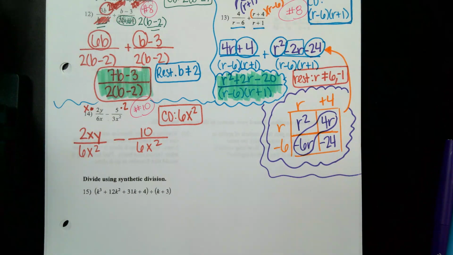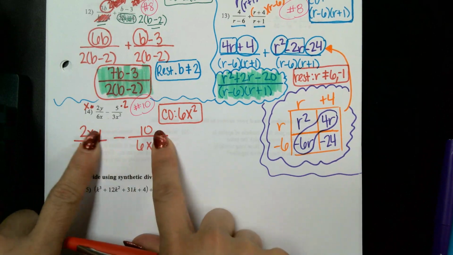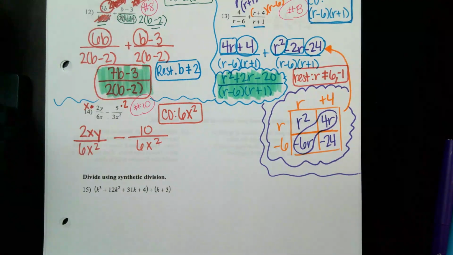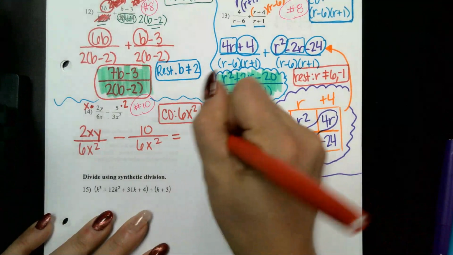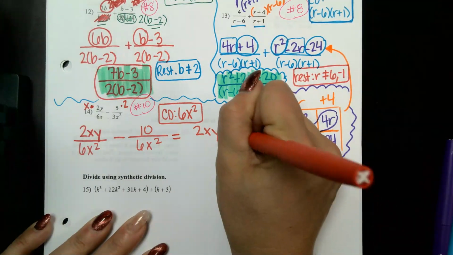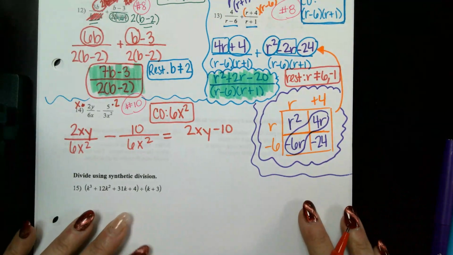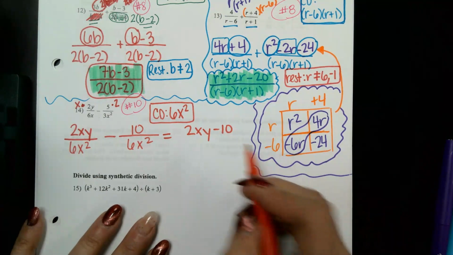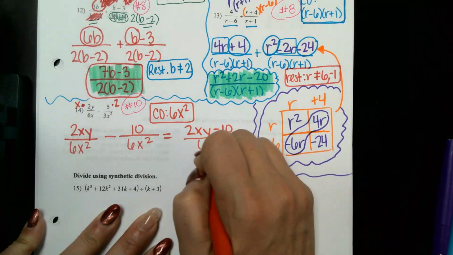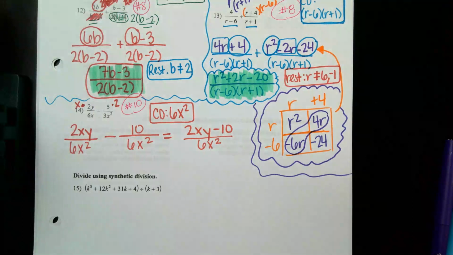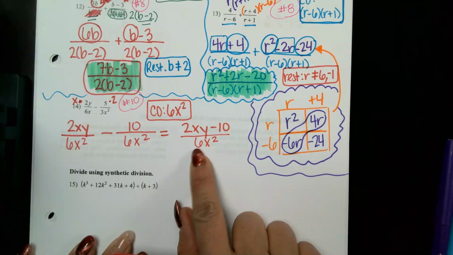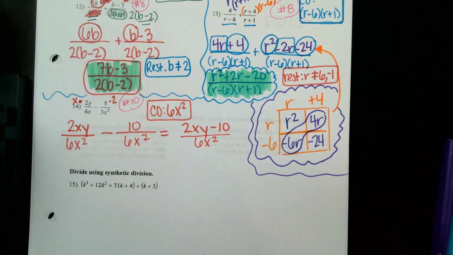So tell me something. Can we combine this stuff up top? No. Like, it's not really going to subtract, is it? So all you guys have to do is you just write it together like that. Like you put 2xy minus 10 over 6x squared. Here's the only thing that you would have to do at this point. If all three of these had an x, we could cancel an x, but they don't.